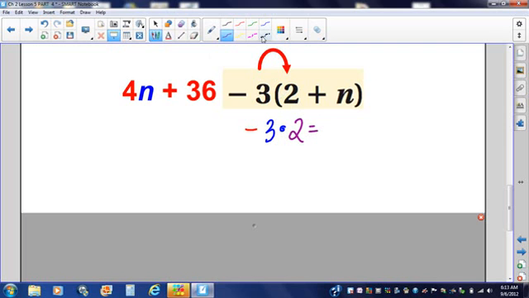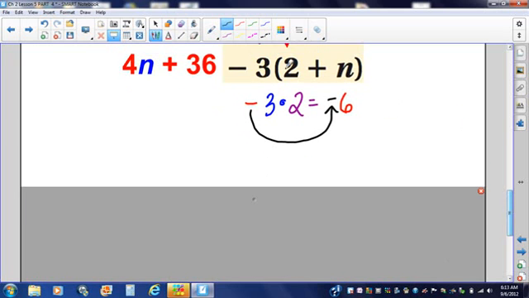Well, I know that 3 times 2 gives me 6, and a negative times a positive is a negative. Or you could say that your dog follows you wherever you go. Let's go ahead, and I'm going to highlight this because I'm going to come back to it later.